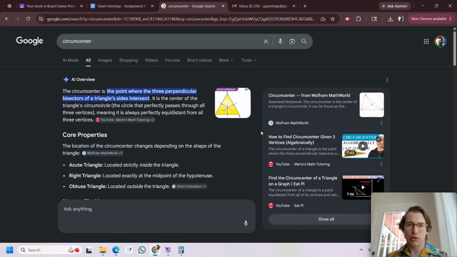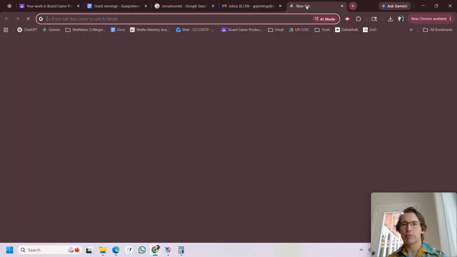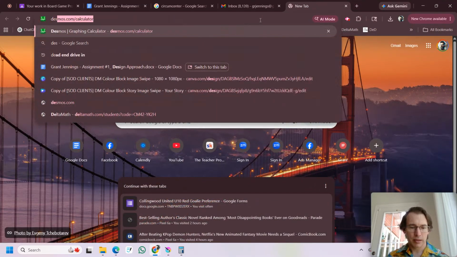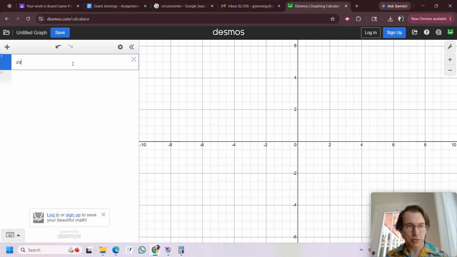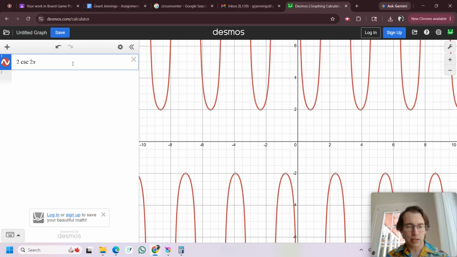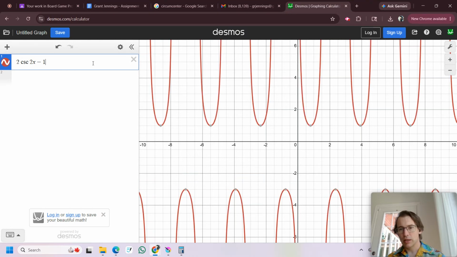And I guess you know what's coming next. We're going to open up some Desmos. And we're going to type in 2 cosecant of 2x minus 1. And then we check some of these points. Hey, pi by 4, 1. 3 pi by 4, minus, hey, look at that.